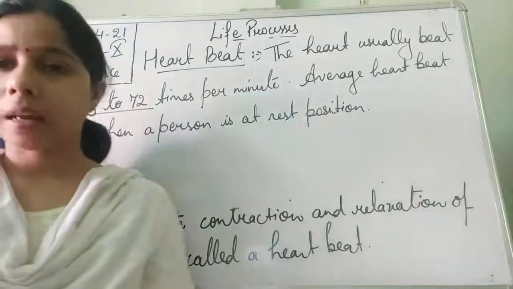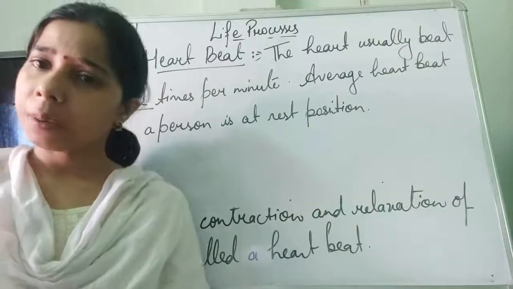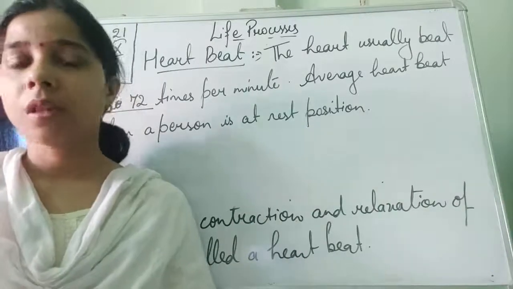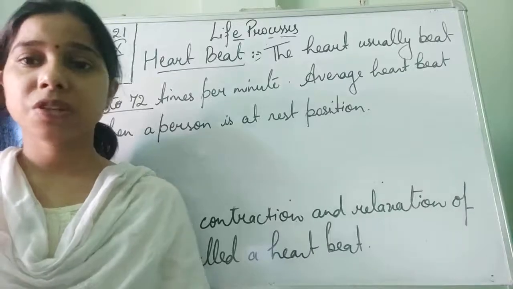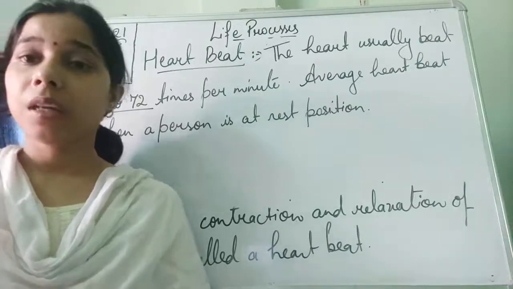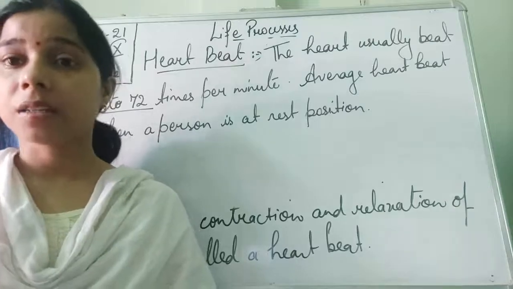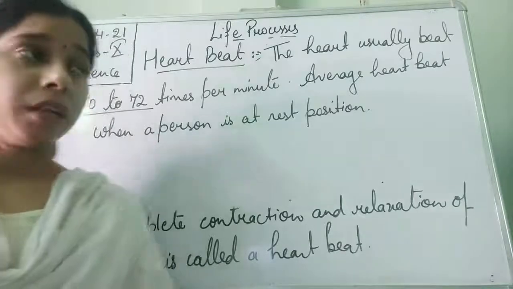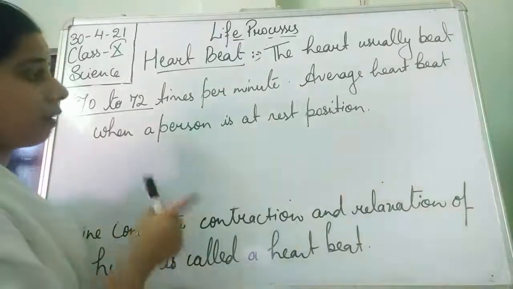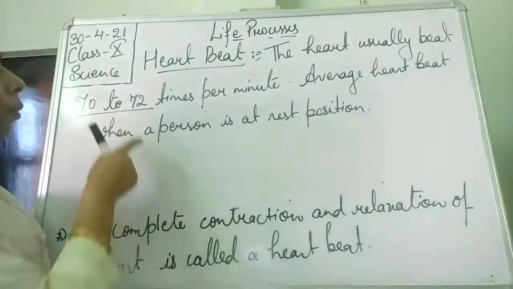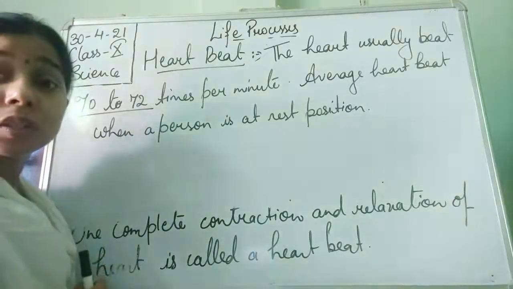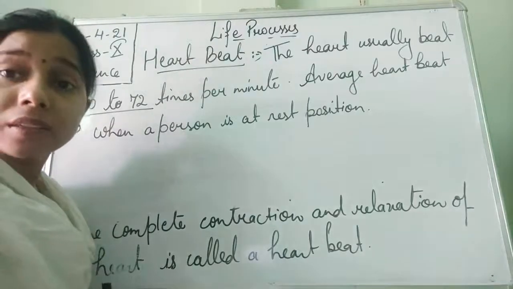Now the question arises whether this will remain as it is for every person, in every situation? Absolutely not. If a person is doing physical exercise, at that time the heartbeat increases. It means the average heartbeat will not remain 70 to 72 times, but will increase.